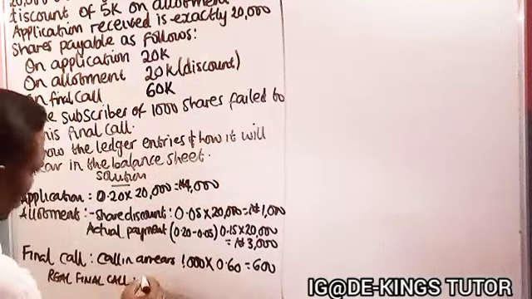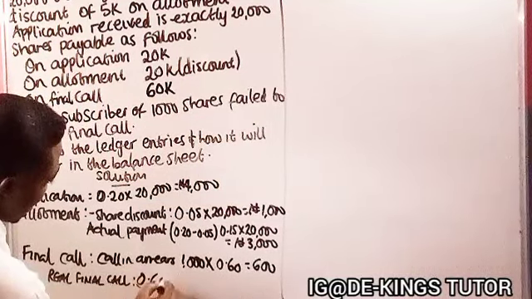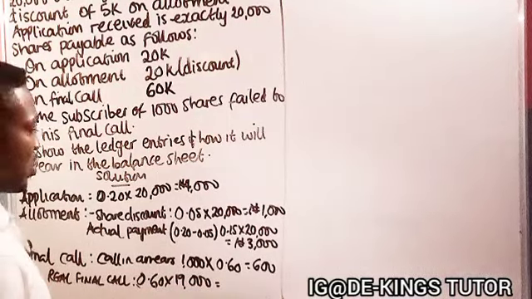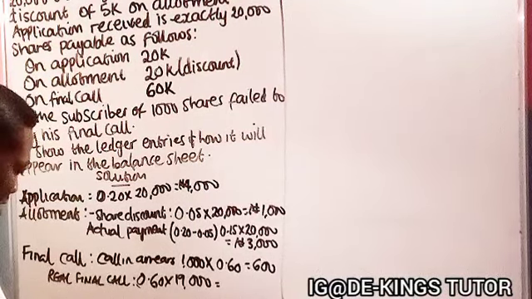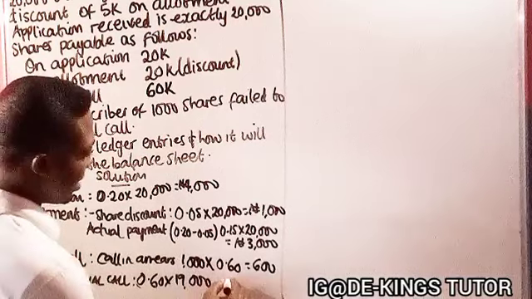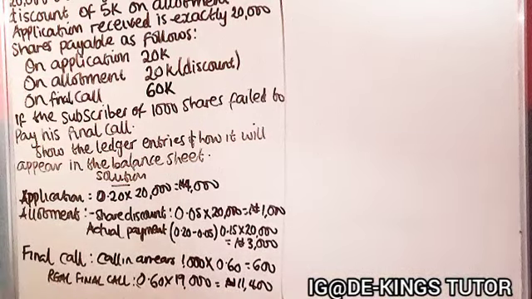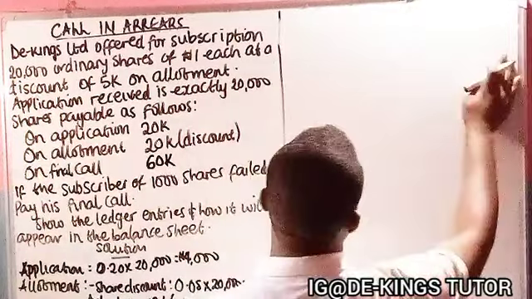So it will not be 60 kobo, that is 0.60 times 19,000. So if we do that, this will give us 11,400. Okay, 11,400.